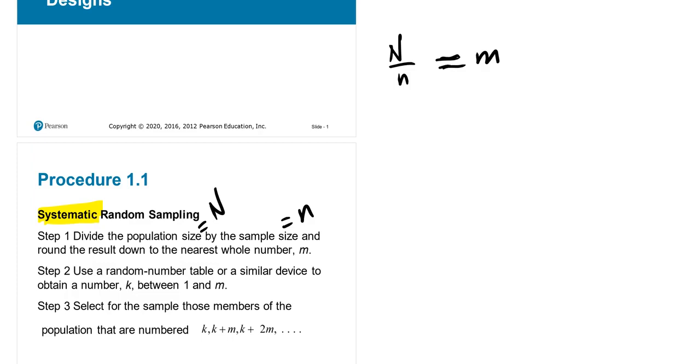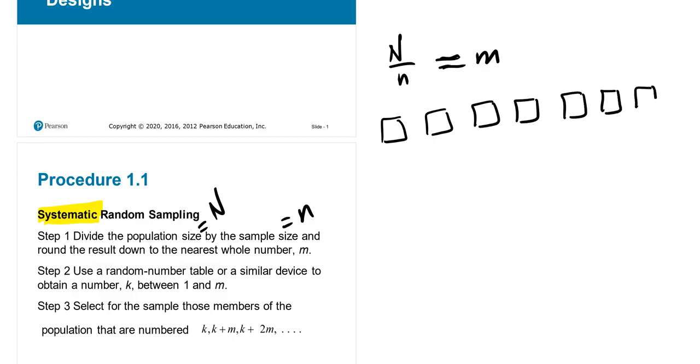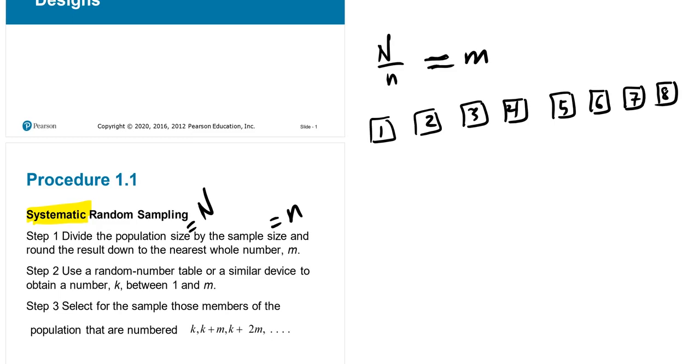So for example, let's say we have again maybe a group of people, and I'm going to label them 1, 2, 3, 4, 5, 6, 7, 8. Now the number I'm going to start with is called K. So say I want to start at the second one. So I'm going to choose this one.